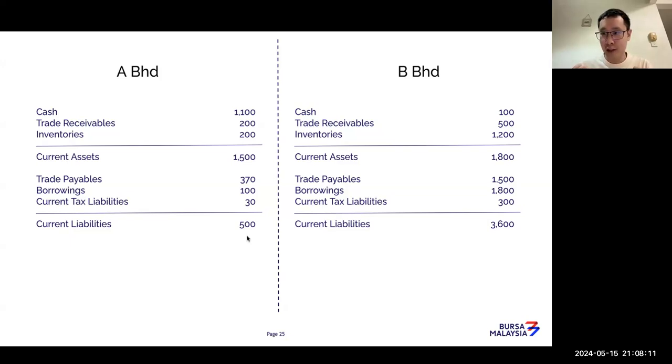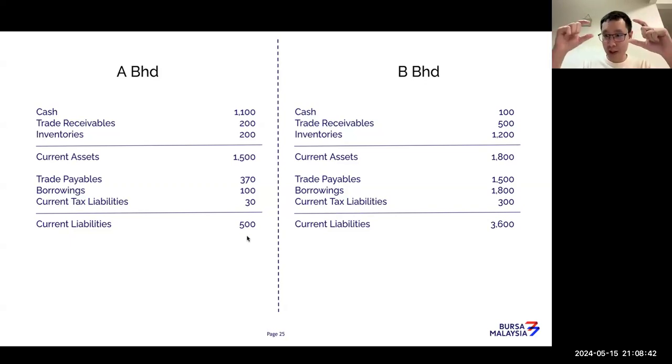Let's assume that in order to survive, my living expenses, my mortgage, my car loan, my makan, my minum, my entertainment, my parental allowances and all this kind of stuff, you lump it up, every year I need to spend 100,000. If my current asset is just cash, I have 100,000 in my bank account and my annual expenses is 100,000.